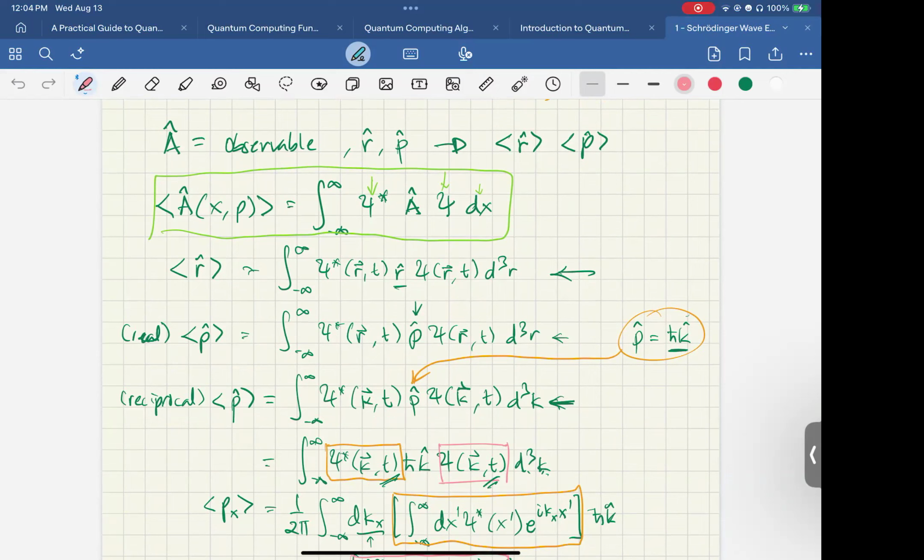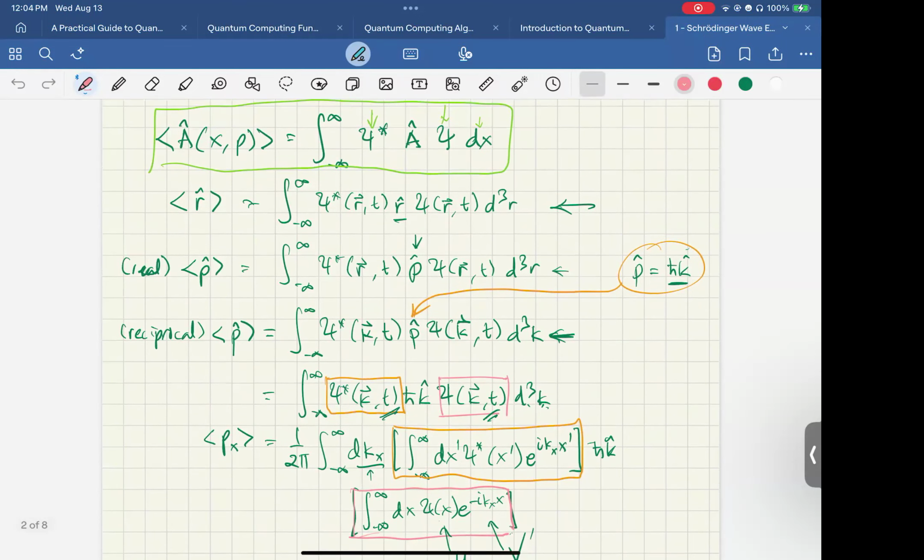And in order to measure itong mga observables na to, in order to measure yung position, momentum, energy, and time, we use yung concept ng expectation value. So to measure position, we get the expectation value of position. To measure momentum, we get the expectation value of momentum.